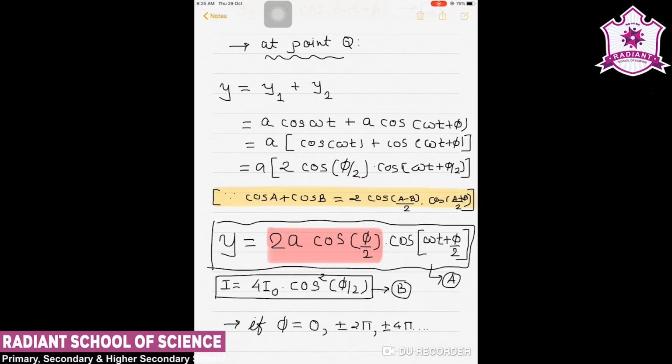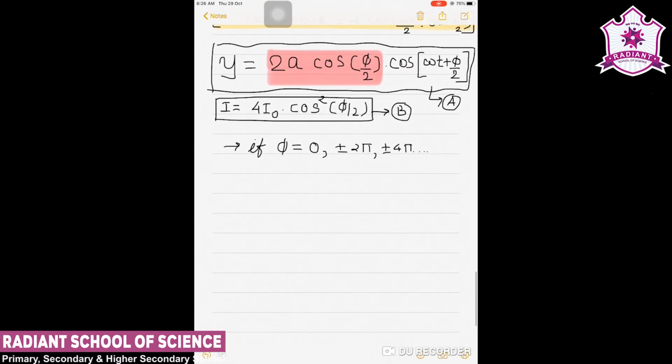So that is called constructive interference. Now what is this constructive interference? We can simply consider the figure above.